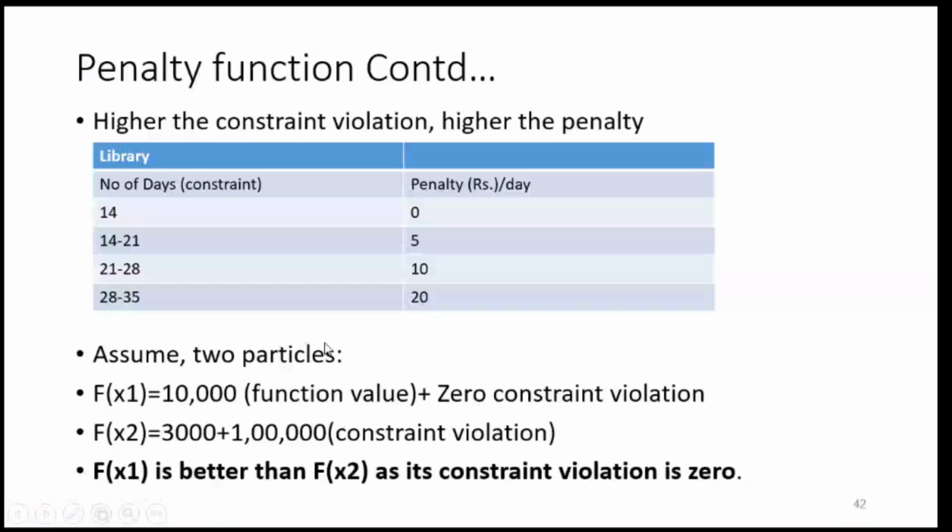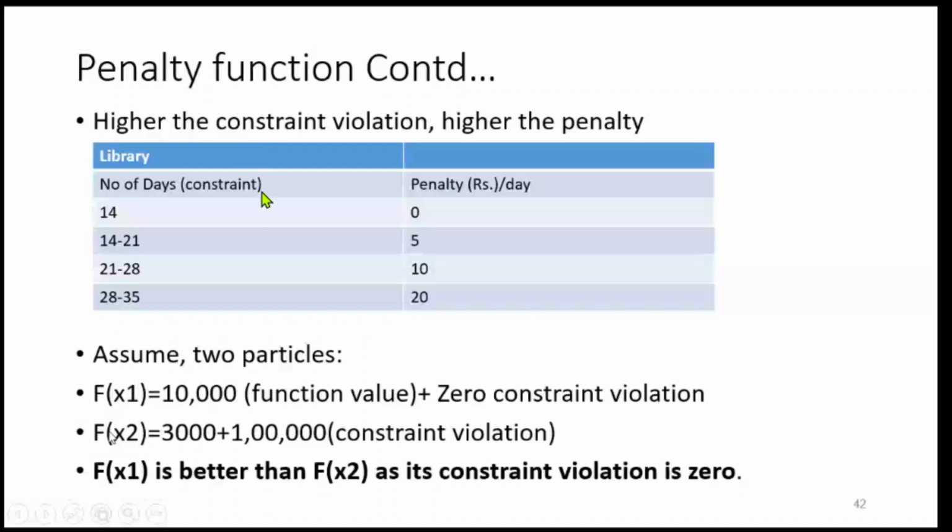Okay. Now again, I have considered two particles. I have hypothetically taken this case, two particles, right, in constrained optimization. Now first particle has some function value, right? Let us say its function value is 10,000, but its constraint violation is 0. Whereas second particle, its function value is 3,000 only, but its constraint violation is 1 lakh. So what is the augmented objective function value? F of x2, it is 1 lakh plus 3,000.